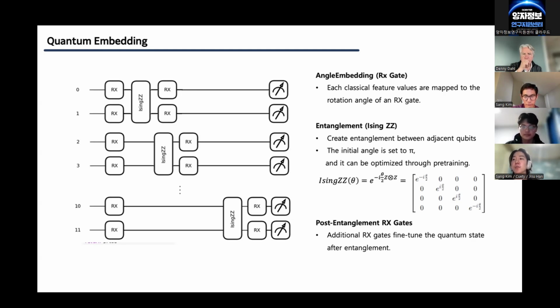Through this quantum embedding process, we efficiently represent high-dimensional retinal features with a compact set of quantum parameters. The entanglement via Ising-Dizzy helps capture complex interactions between features, ultimately improving classification performance compared to the classical model.